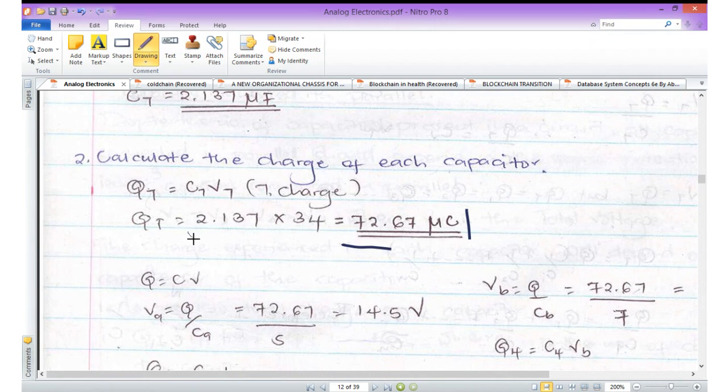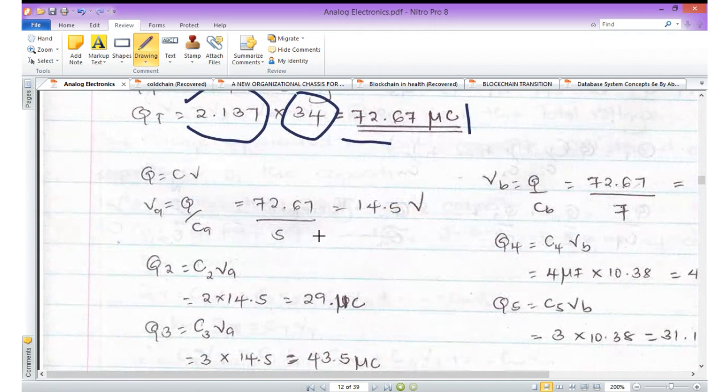We're using the total capacitance of the circuit and the voltage that is flowing in that particular circuit. But now the rest, you will have to relook further and find the exact voltage that is going into that particular circuit.